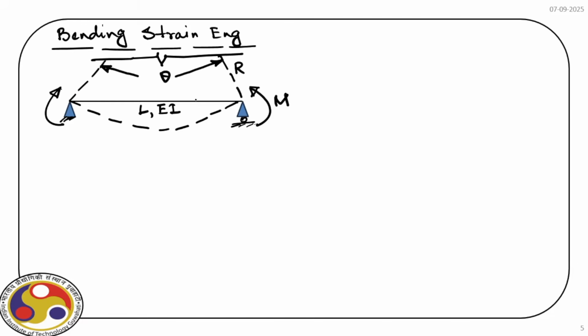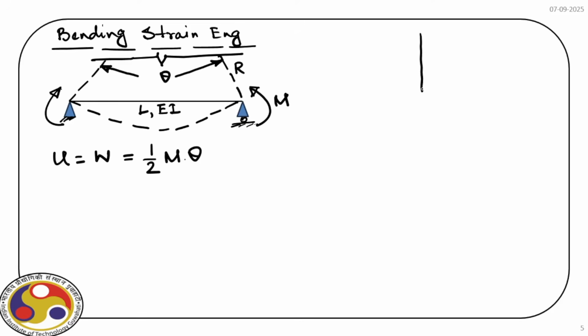Now for this beam, strain energy U is equal to the work done, which is half times the moment that we apply times the deformation we have, theta. Again, it follows the same logic.